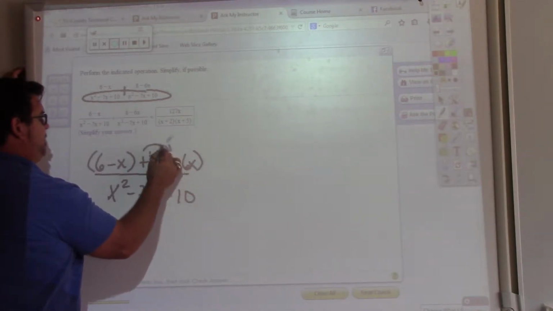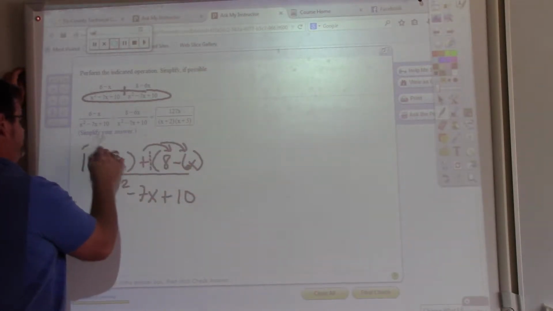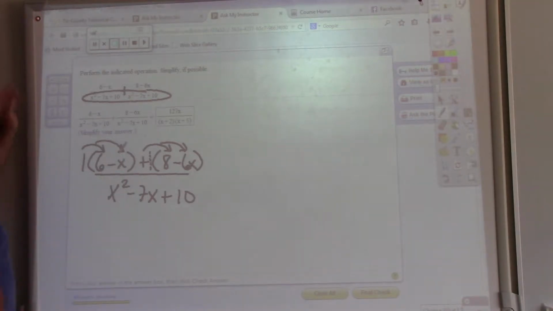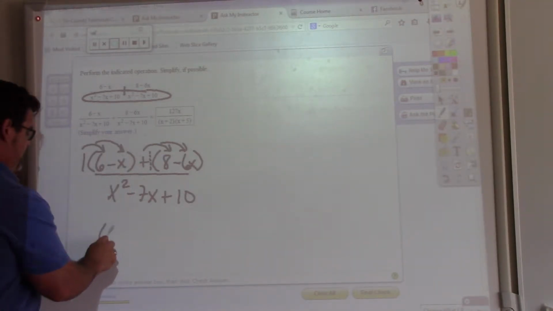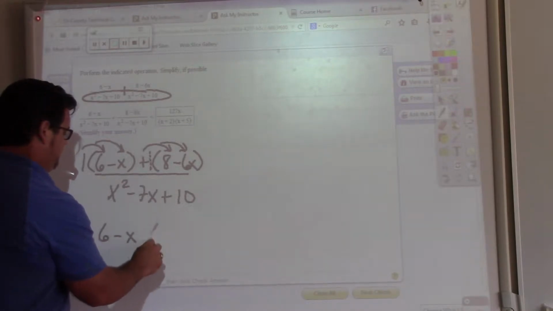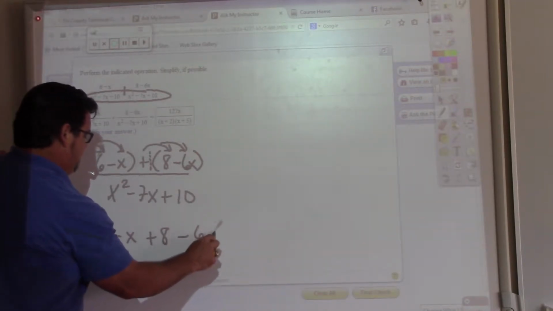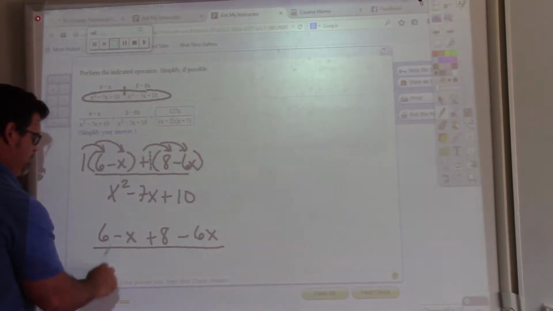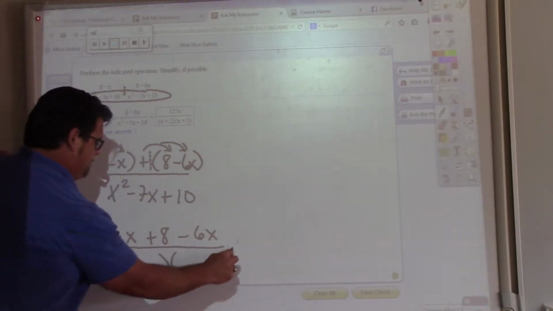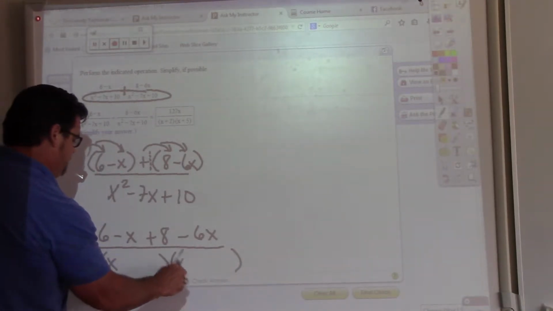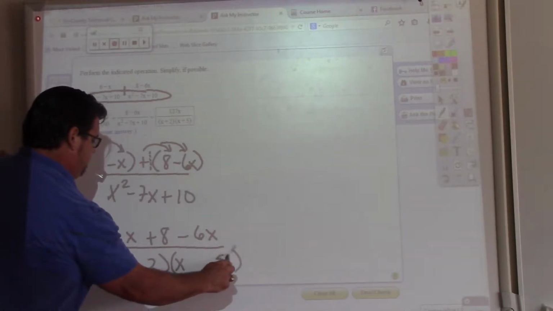So I get in the habit of doing this, so I don't forget when there's a negative here or a negative here. So 6 minus x plus 8 minus 6x over parentheses x minus 2, x minus 5.